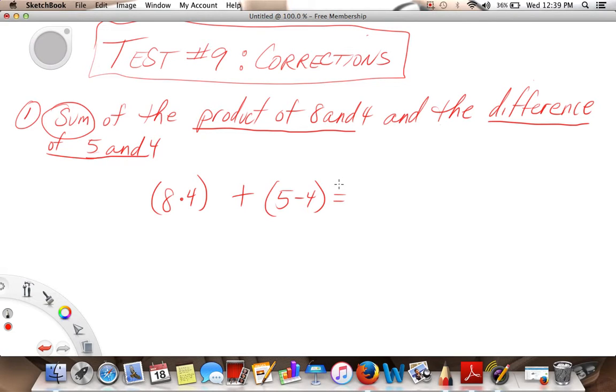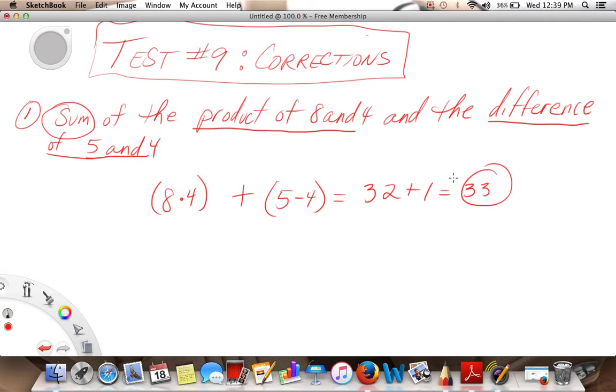So in this case, we have 32 plus 1, which equals 33. Okay? You gave 31 as your solution. I'm not sure what your solution was, but let me check it real quick.